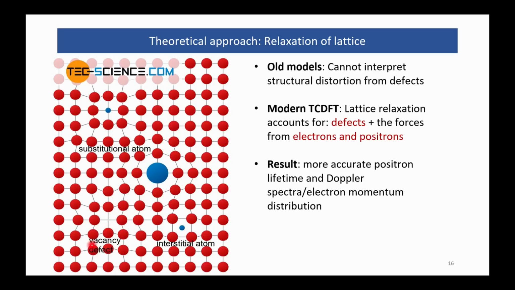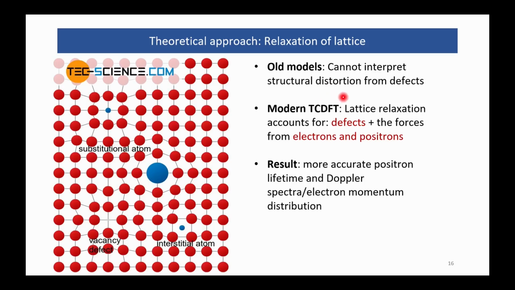It distorts. It's like expand or destroy a little bit. And then, for example, when you replace one atom or you replace two, you see that the structural lattice right now is not normal anymore compared to this one. So the old model cannot explain this.